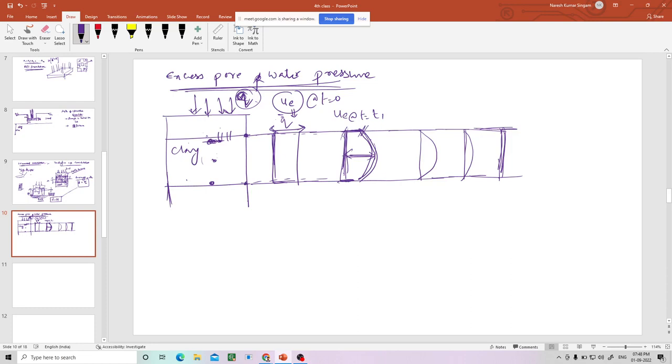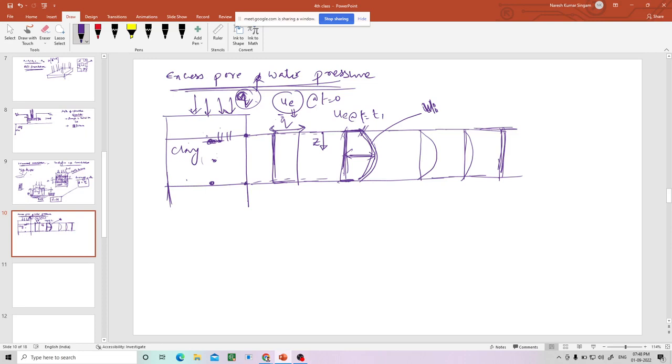Okay. So at every depth, this is Z, and this is the U excess diagram: pressure, pore pressure, excess pore water pressure. So considering the depth and the excess pore water pressure at different times T, there is an equation which is developed.